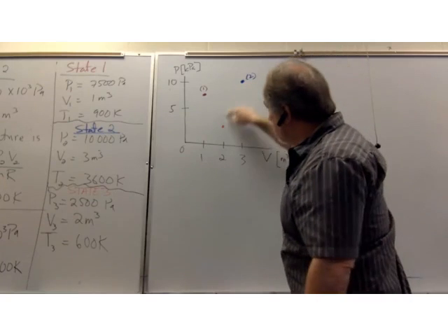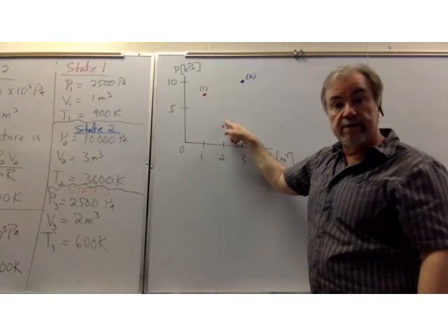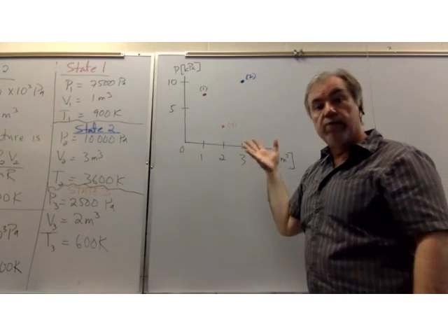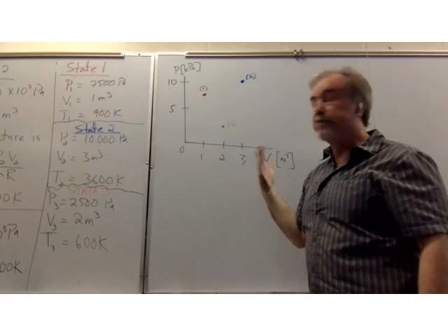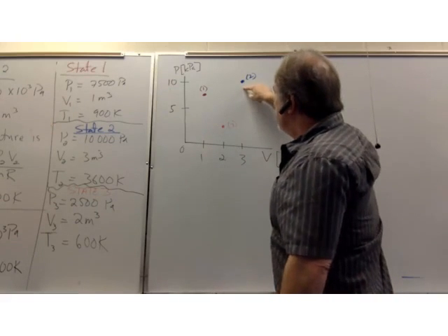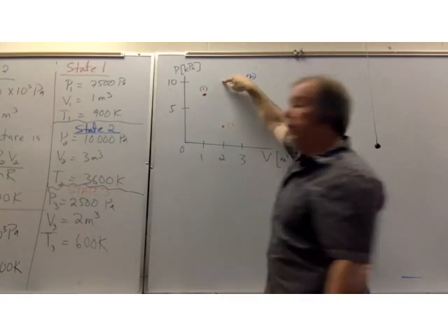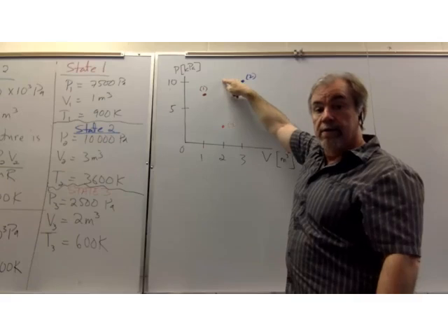I could go directly, allowing both the pressure and the volume to change simultaneously and together, and then the temperature will fluctuate however it wants, the volume will fluctuate however it wants, the pressure will fluctuate. We'll get to state 3 eventually. Or I could somehow cause the volume to decrease by 1 cubic millimeter.